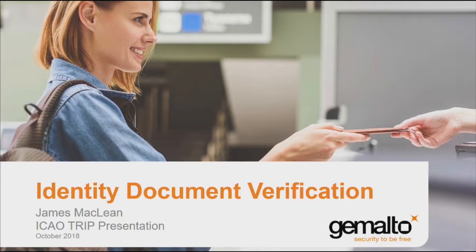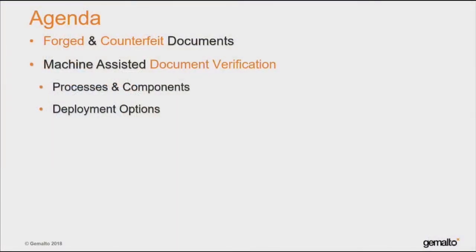So this morning I'd like to talk to you about document verification solutions and some of the technologies. Talk briefly about forged and counterfeit documents, and then get into some of the components and processes for document verification.